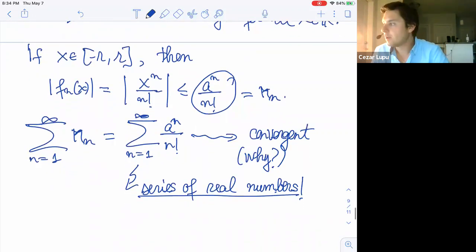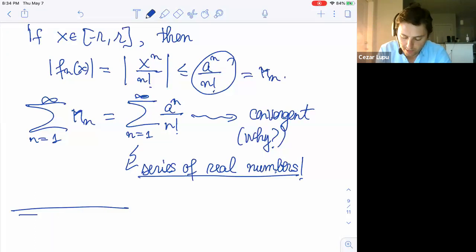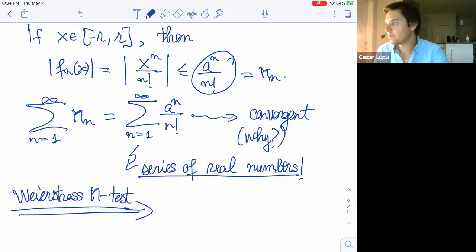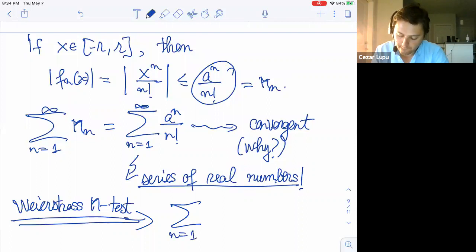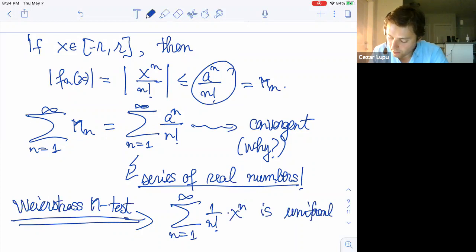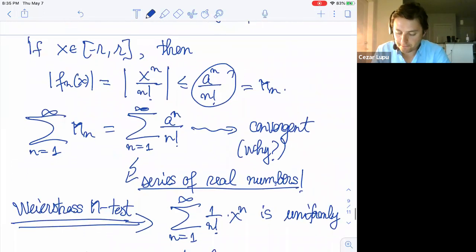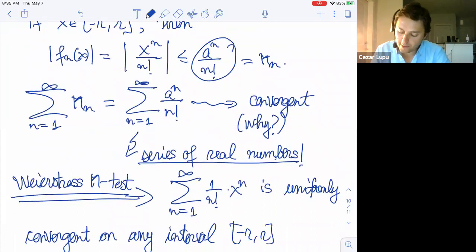All right, so by the Weierstrass M-test, this implies that the series of x to the n over n factorial is uniformly convergent on any interval negative R to R, when x is in this interval.